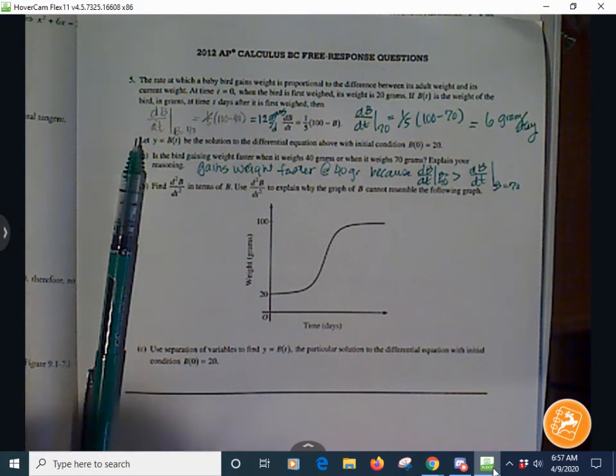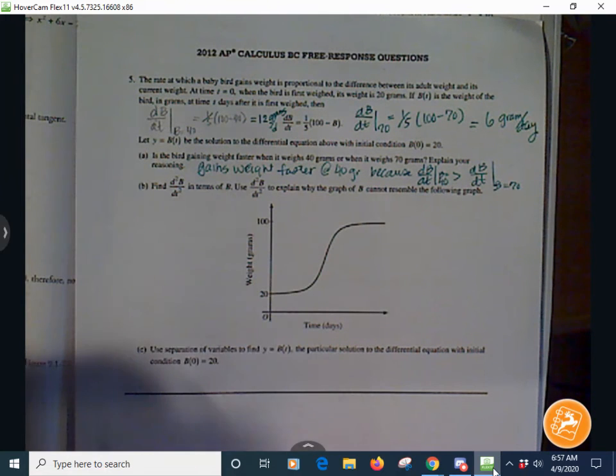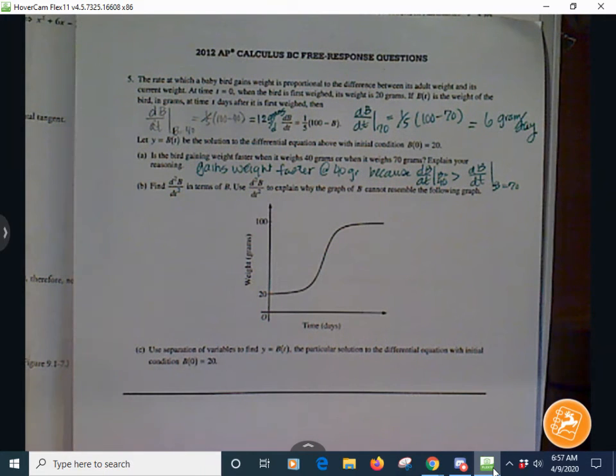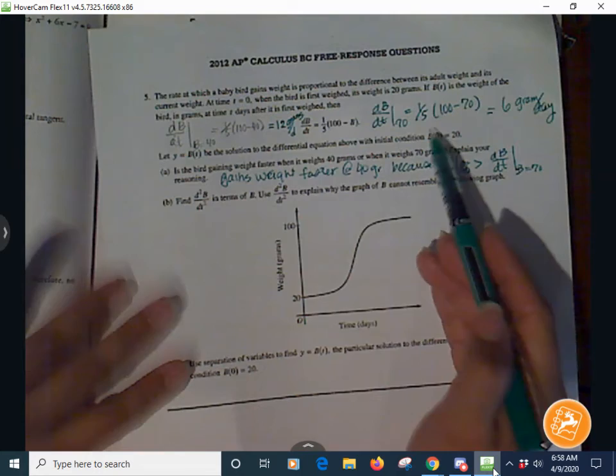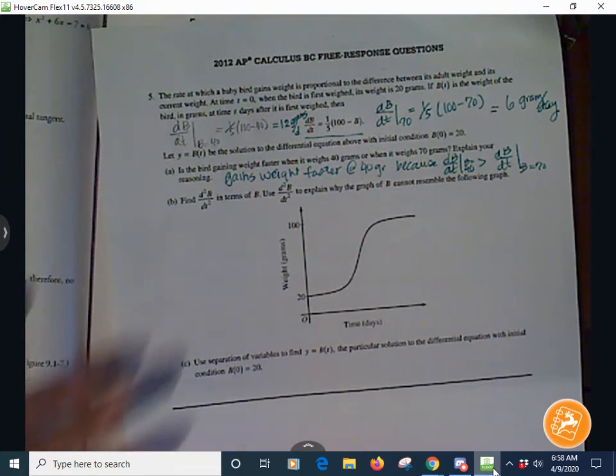All right, now the next one, it's asking about the second derivative. It says find the second derivative in terms of B. That's the first thing it's asking us to do. So I'm going to go find the second derivative in terms of B. Okay, so the second derivative in terms of B is taking the derivative of this expression right here.